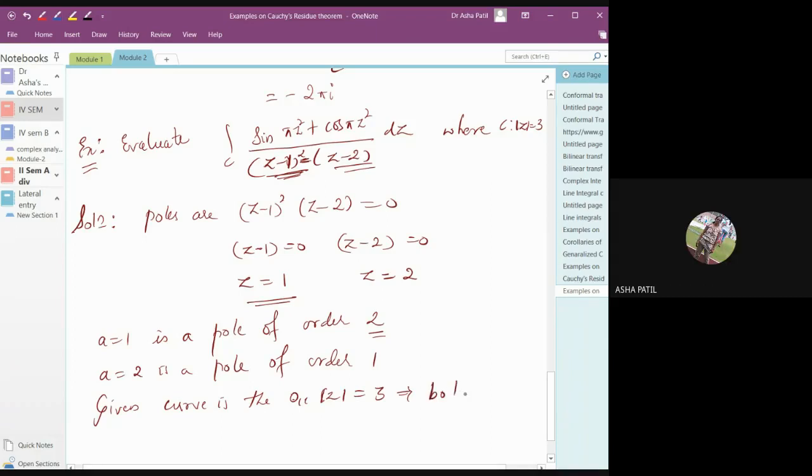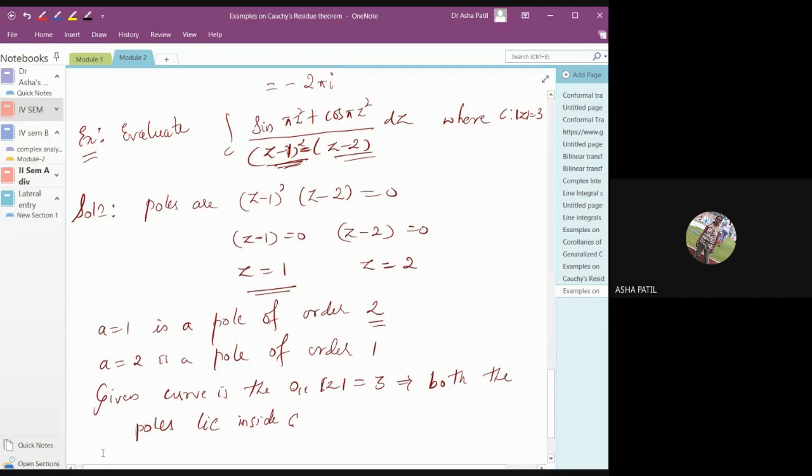Center at origin. Both the poles, will they lie inside or outside? Inside. Yes. Both the poles lie inside C. Okay. Now go for the residues.